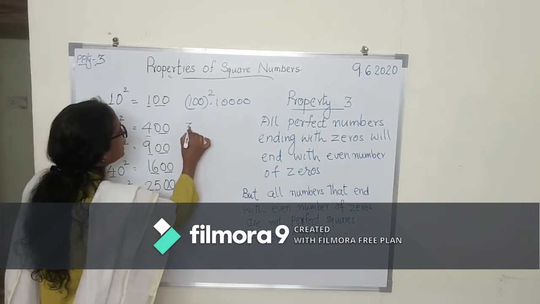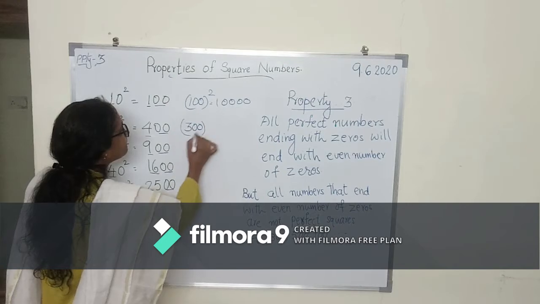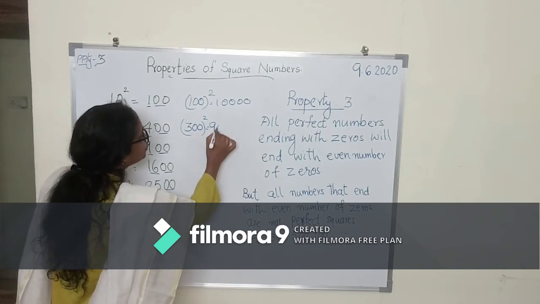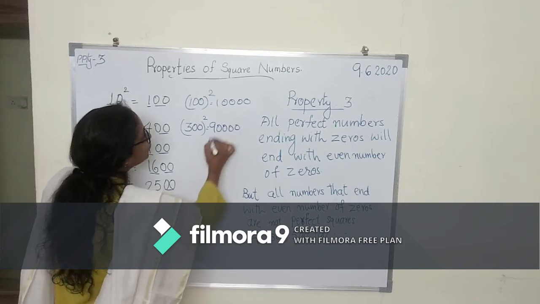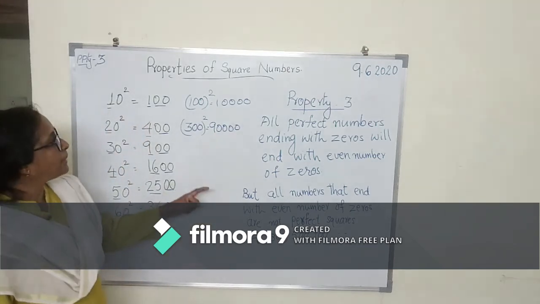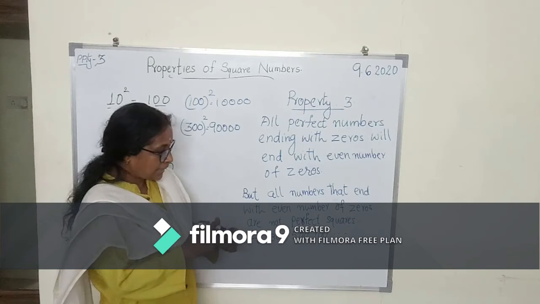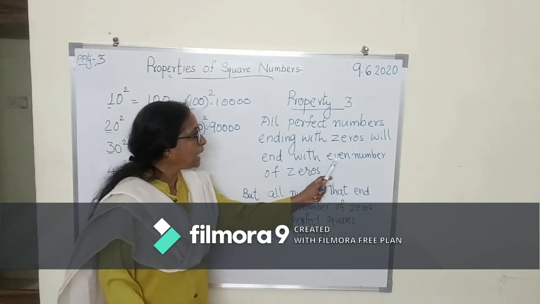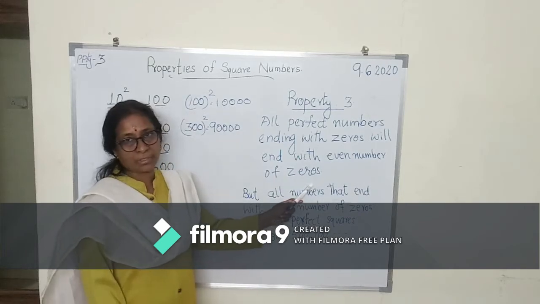If you find 300 square, it will be 3 threes are 9, and 4 zeros. So here you will have 4 zeros. Okay.